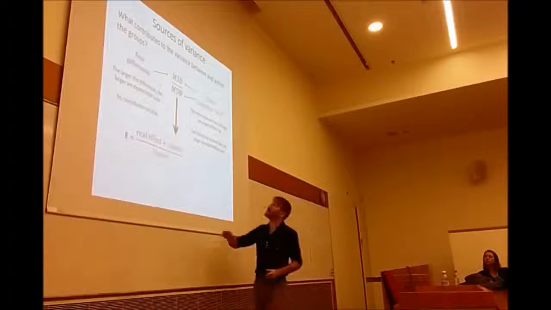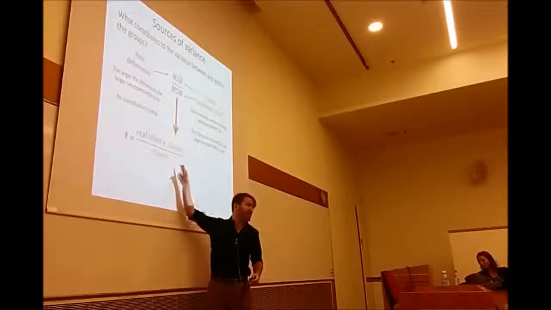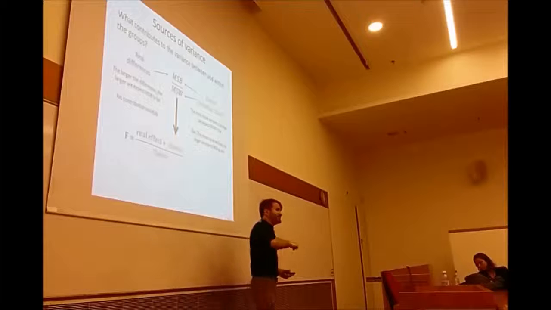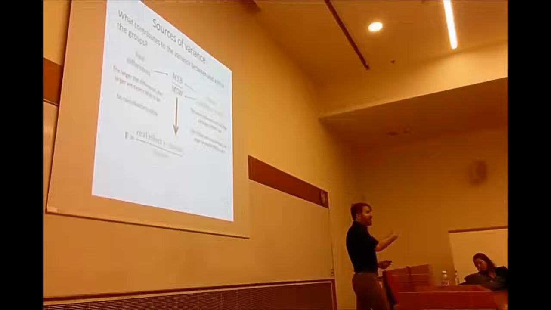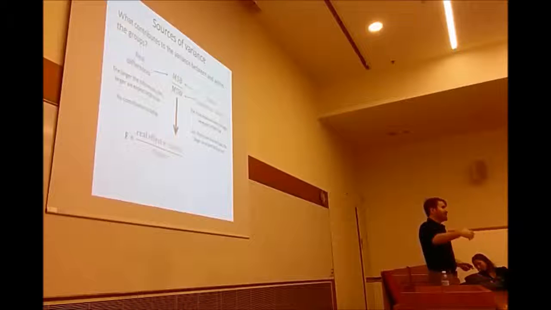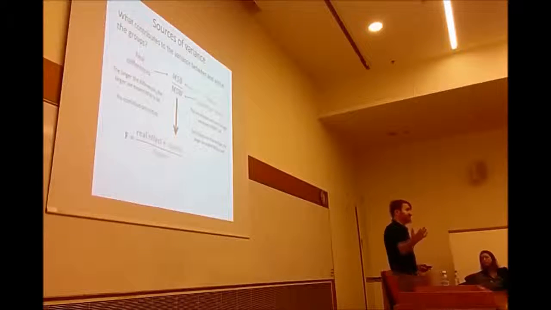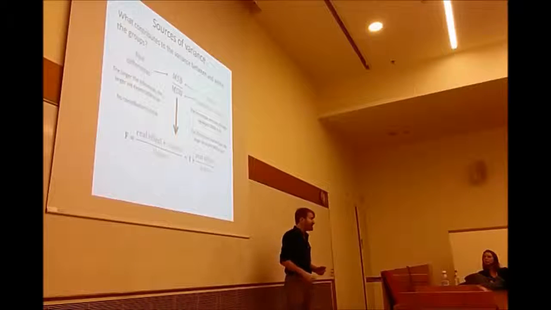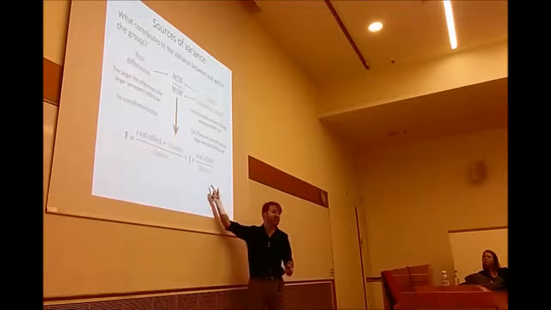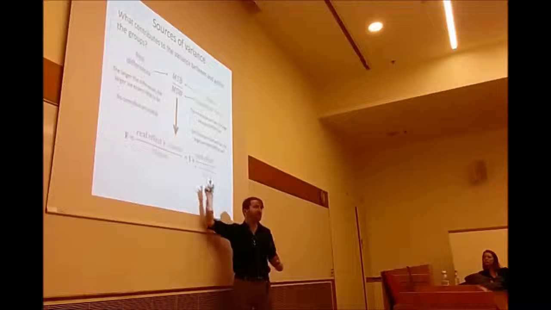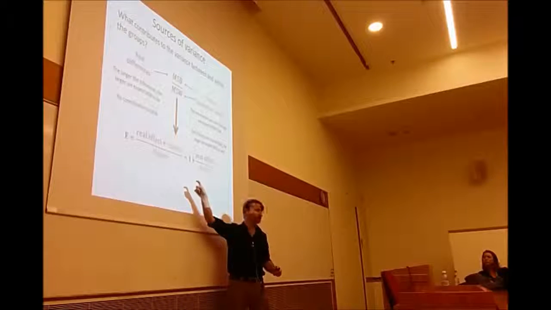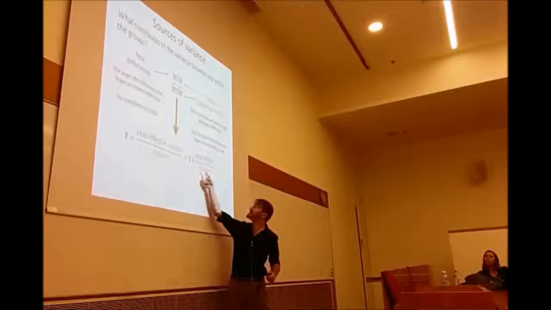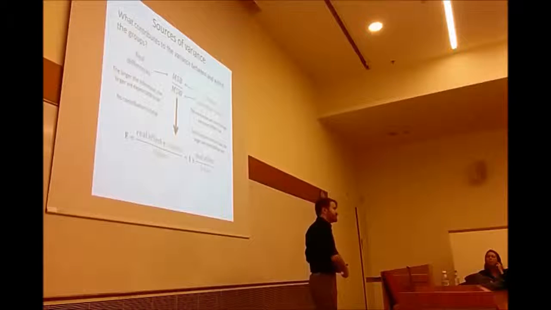F equals real effect plus chance divided by chance. Right? Because MSB is the product of the real effect plus chance, and MSW is just a product of chance. Meaning that we get this. Right? This is just breaking down the same thing. So we get 1 plus real effect divided by chance.